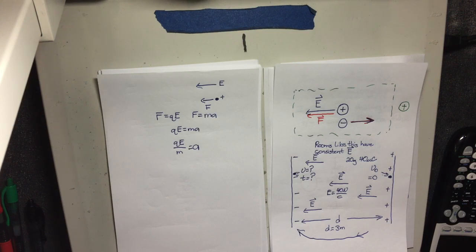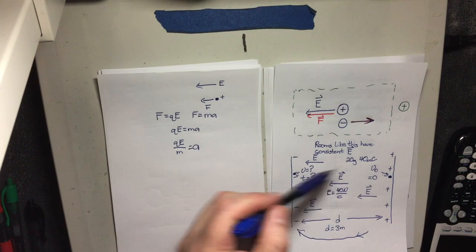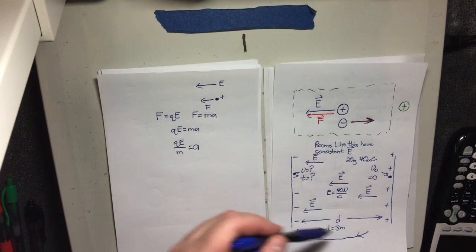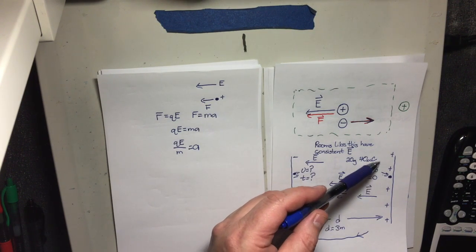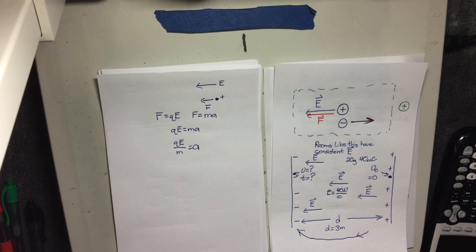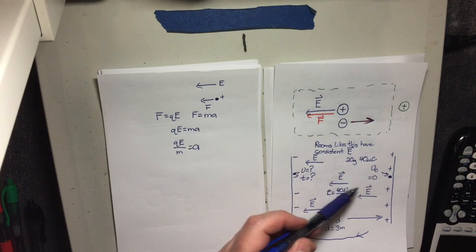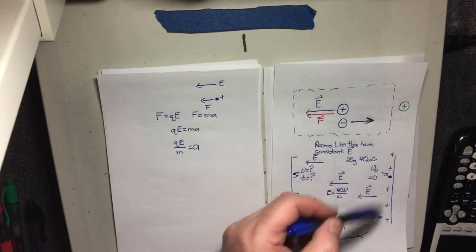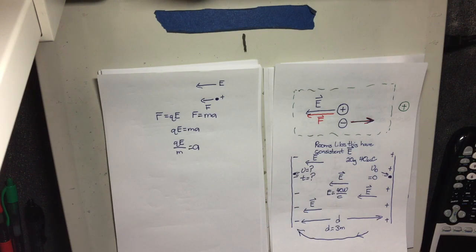One of the reasons we work in regions like this is that if I make this anything more complex, we have to use calculus. So we have to keep that E field unchanging. Does that say 40 newtons per coulomb? 40 newtons per coulomb, yes.